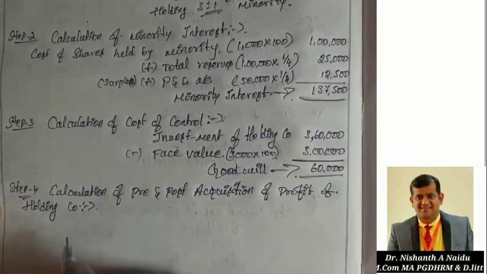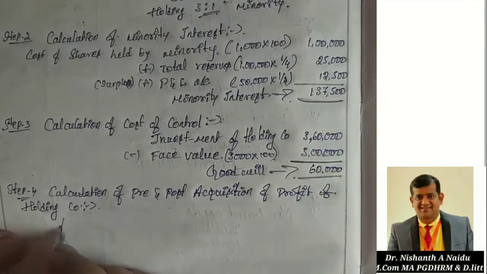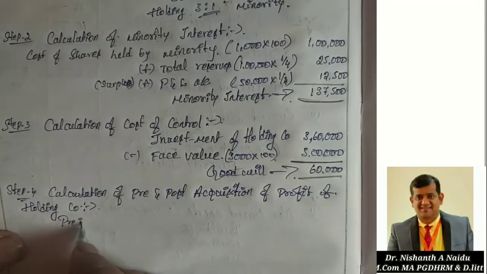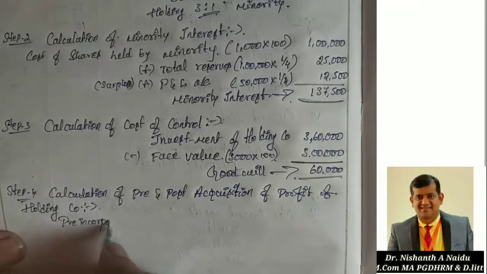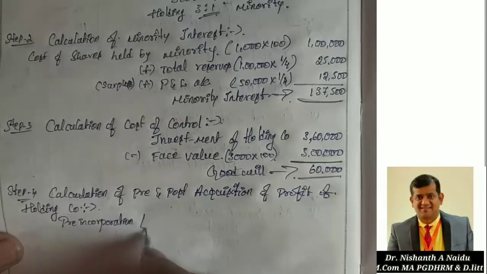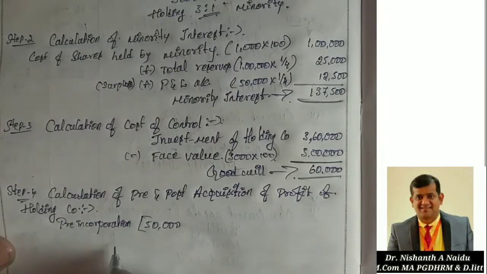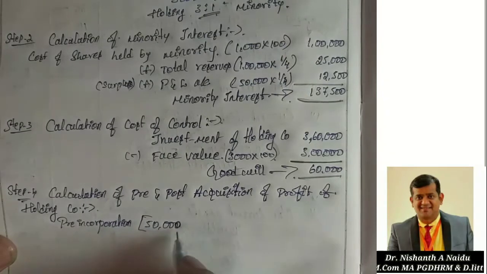So take one by one now. Pre-incorporation. So how much profit we had in pre-incorporation surplus? 50,000. Correct? 50,000 rupees.